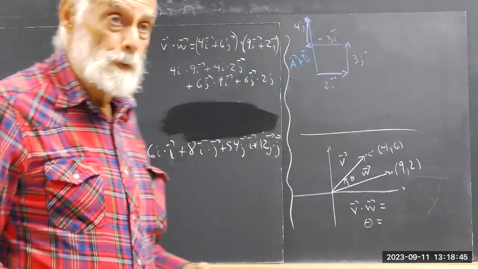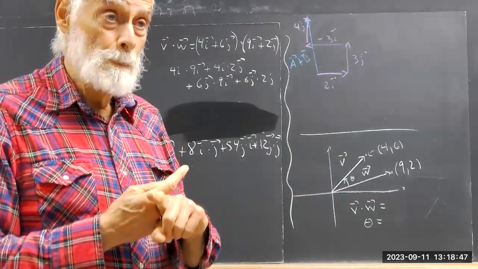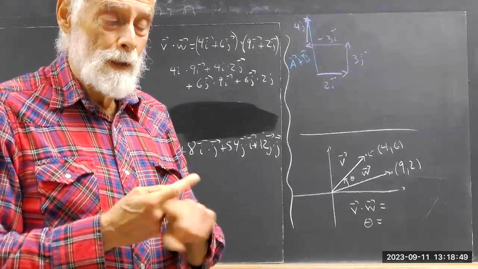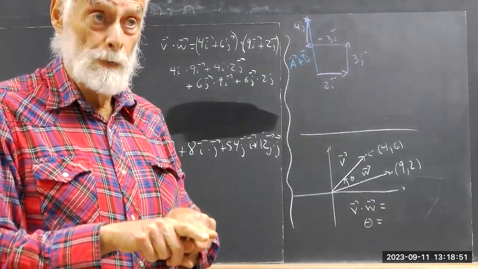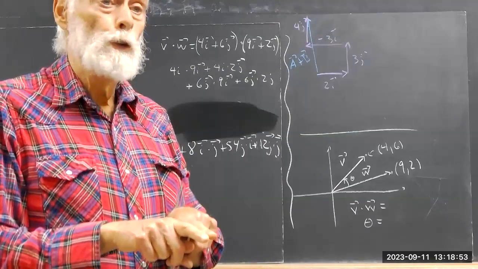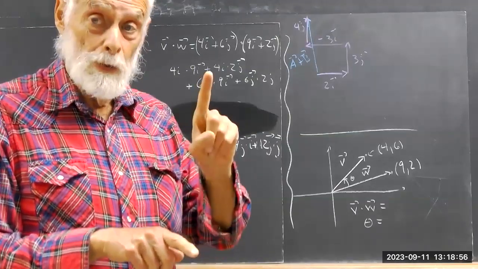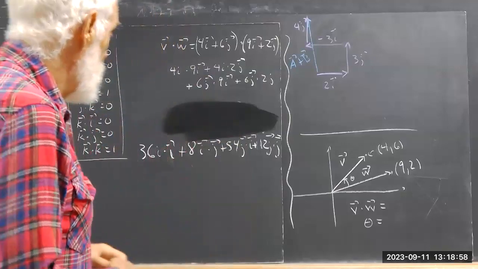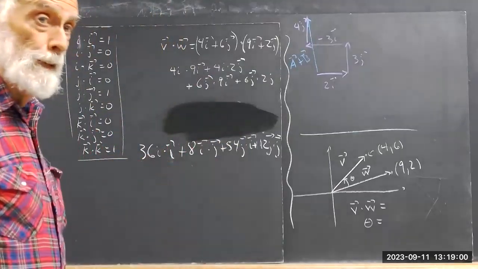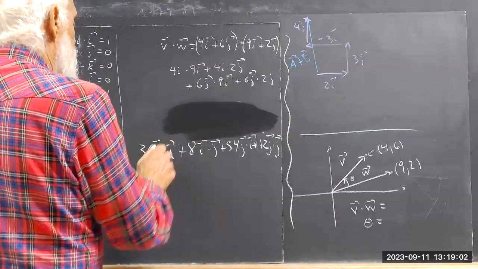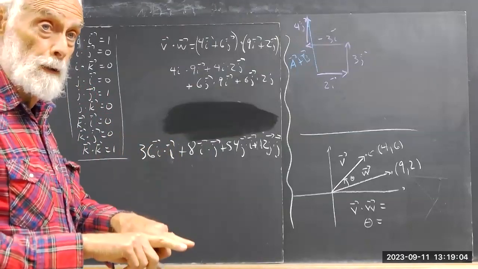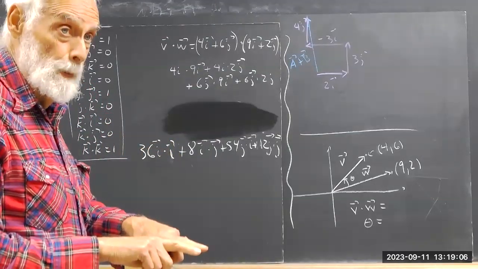Now, if you know the principle, if they're perpendicular, they give you 0. And if they're parallel, it's the product of their magnitudes, right? And of course, they're unit vectors. Everyone has magnitude 1. So I dot I, product of the magnitude of I, is the magnitude of I, they're parallel. I is parallel to itself, it's got magnitude 1.